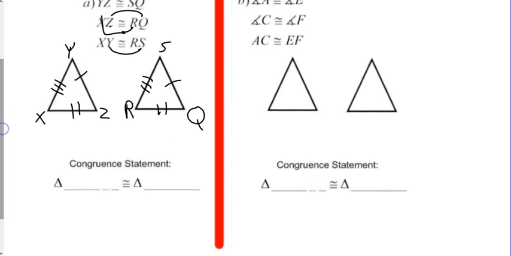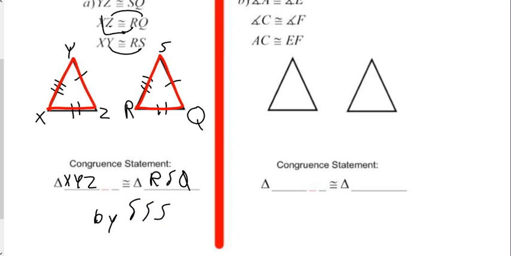So in this case, we could say XYZ is congruent to, now we got to follow along, XYZ, 3, 1, 2, so 3, 1, 2, RSQ. And we say by SSS.